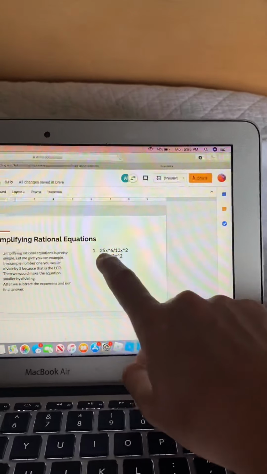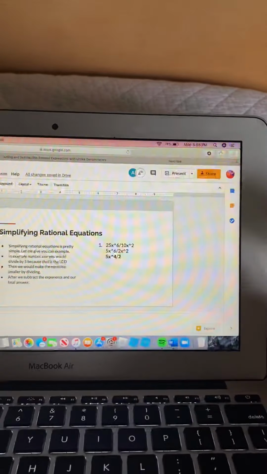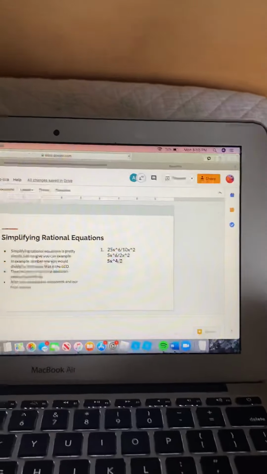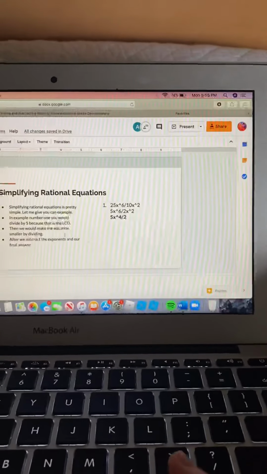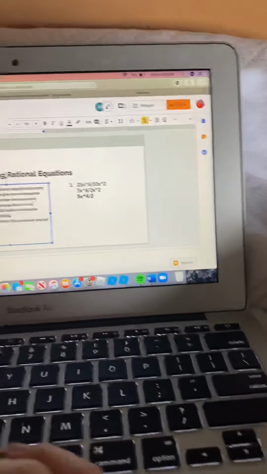So here we have 25x up to the 6th power divided by 10x up to the 2nd power. 25 and 10 both have the least common multiple, not denominator, multiple of 5.